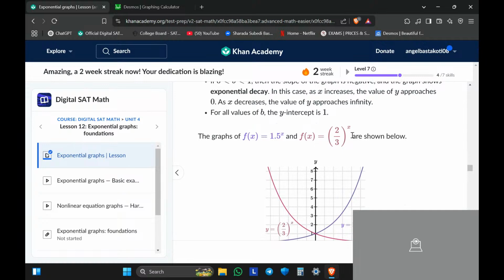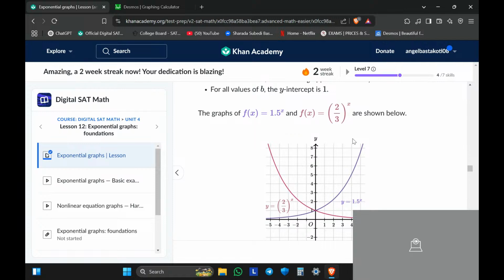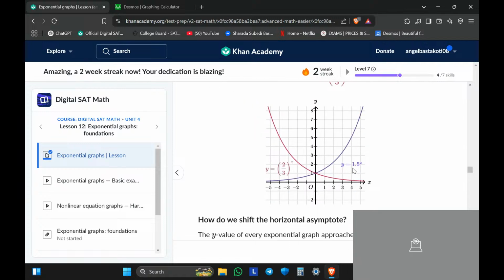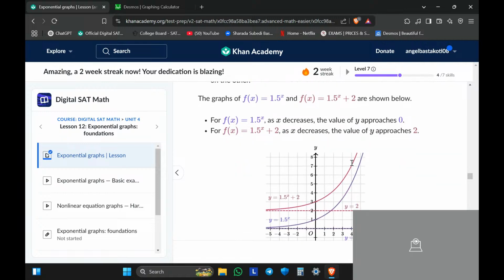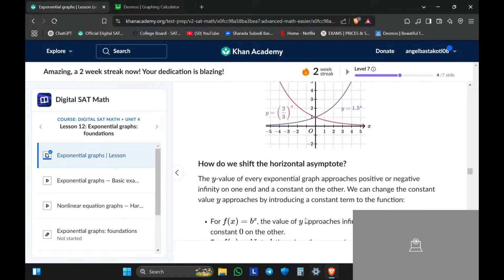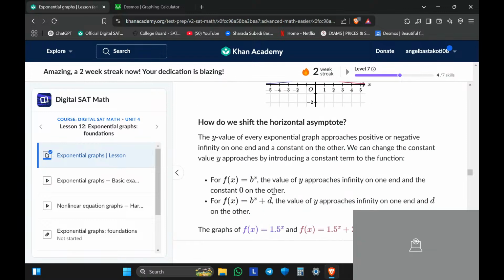Here's f of x equal to b to the x. Okay. How do we see a horizontal asymptote? Shifting the horizontal asymptote. How do we say?